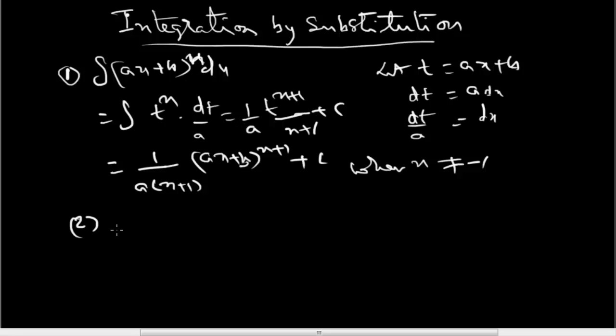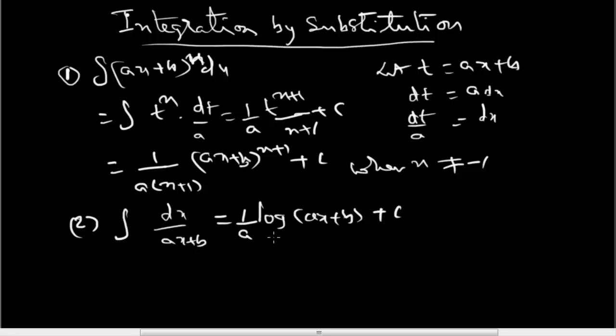In the same manner, the integral of dx by ax plus b is equal to log of ax plus b, and then the tail, which is 1 by a, plus c.